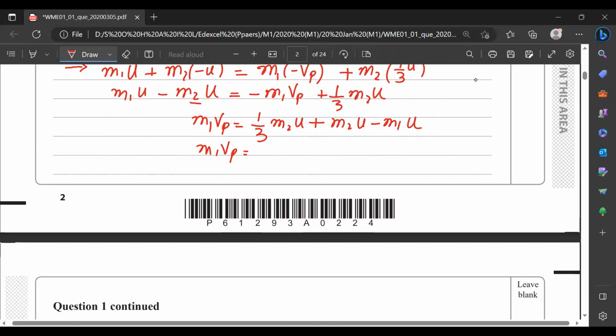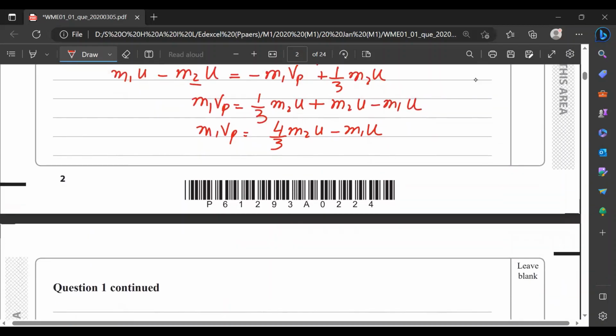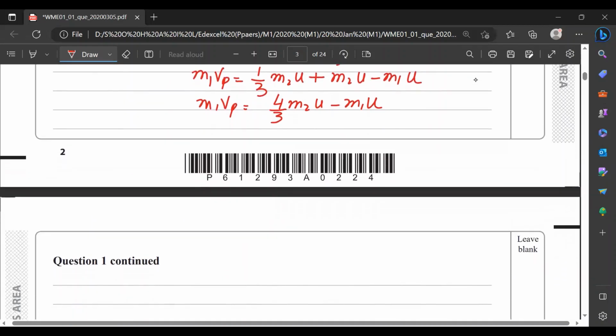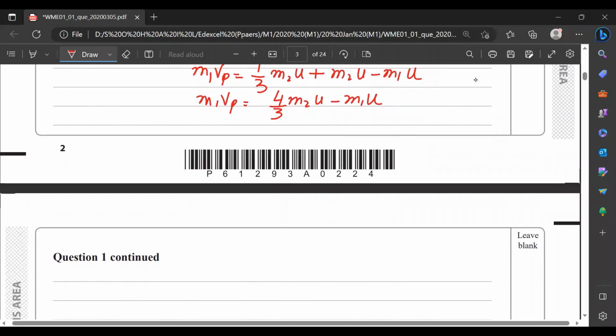The first two are like terms, and this is 4/3 m2 u minus m1 u. Next I can take the LCM on the right-hand side. So m1 Vp equals (4 m2 u minus 3 m1 u) over 3.